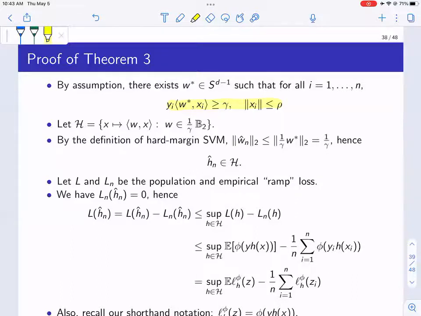And then I define the class of linear functions such that W is in 1 over gamma times B2, just the rescaled version of the ball of unit radius. By the definition of the hard margin classifier, I have this inequality.